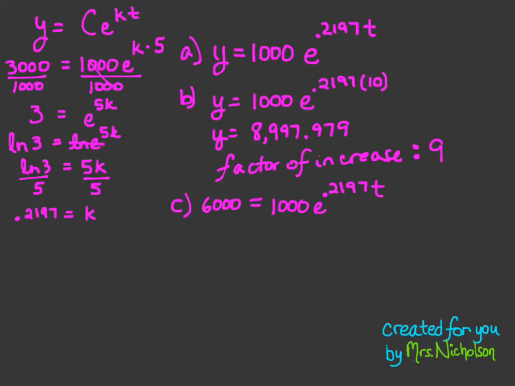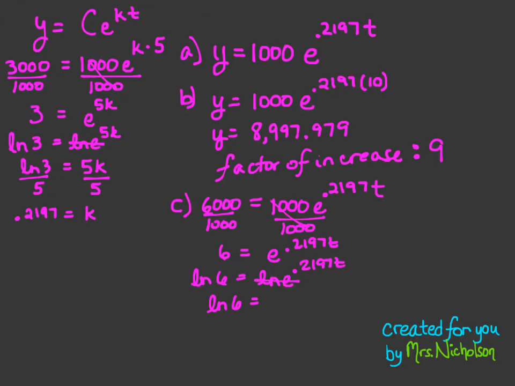First step, I'm going to divide by 1,000. And so 6 is equal to e to the 0.2197t. And now we're ready to log both sides. Since my base is e, I'm going to use the natural log. And the natural log and e cancel out.